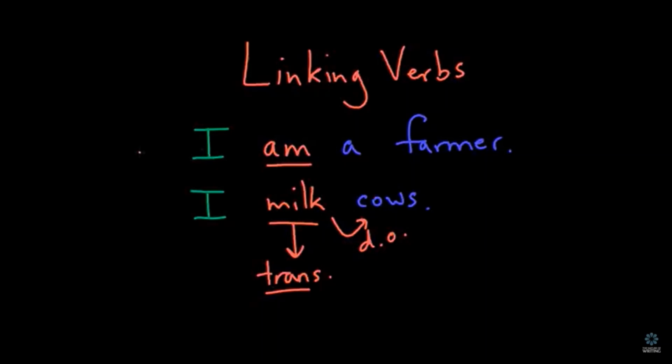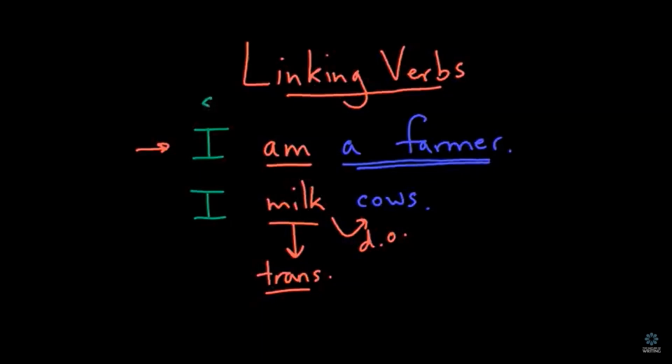But there's also a different kind of verb, and that's our first example here, which is a linking verb. A linking verb is a verb that seems to have a kind of object, but it's not really a direct object. What comes afterwards, and you can see that here, is something that describes the subject.